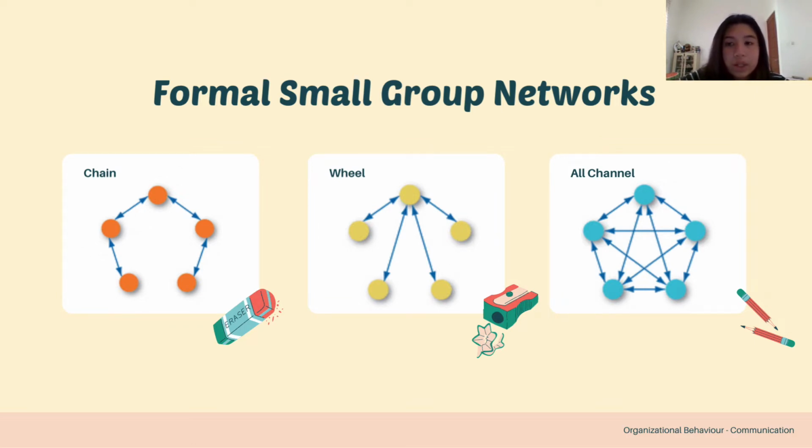In the wheel model, the communication relies on a central figure to act as a conduit for all group communications. And the all channel model permits all members to actively communicate with each other. An example is a self-managed team where all members are free to contribute.